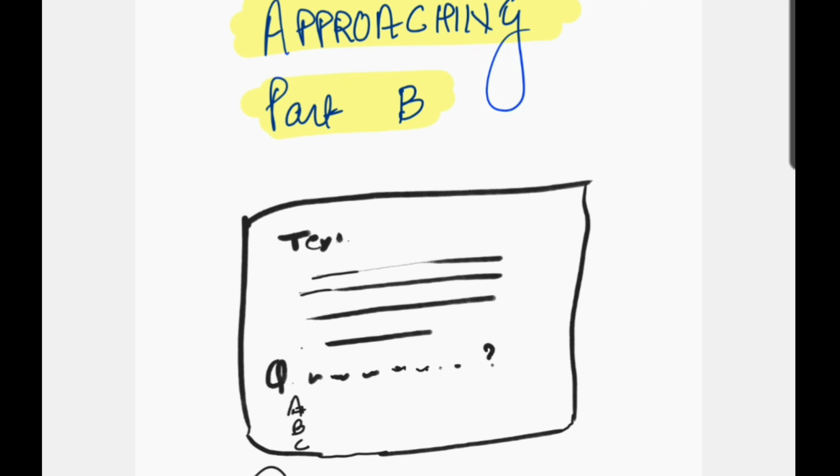As I already mentioned, Part B consists of 6 short texts. These 6 short texts are followed by 6 multiple choice questions with 3 options each.